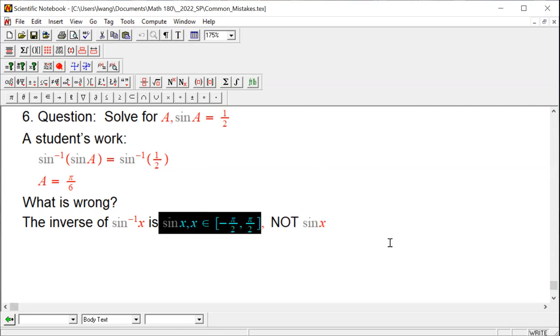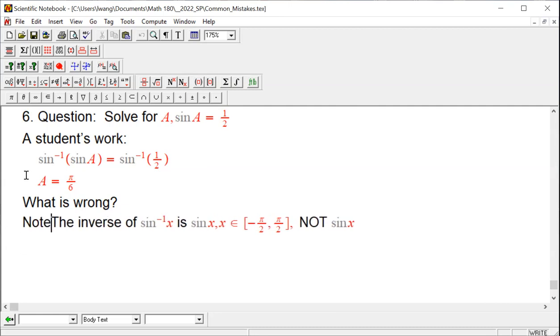They're totally different. Okay, and so that's the first aspect.